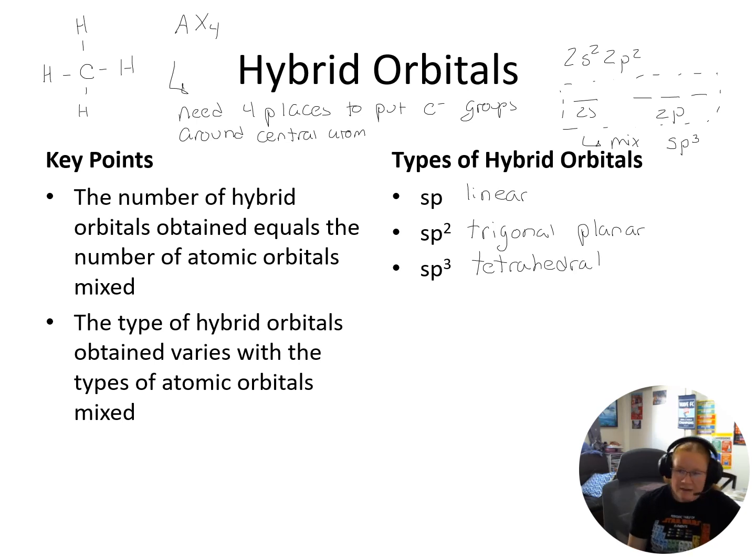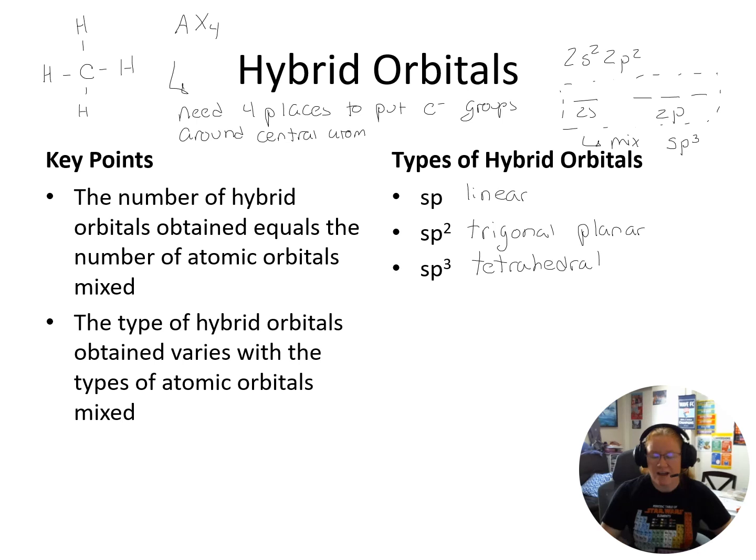Now, this ends our octet. Anything beyond this, we have to start expanding that octet. So what period can we start expanding the octet? Period 3. Because what shows up in period 3? Our d orbitals do.